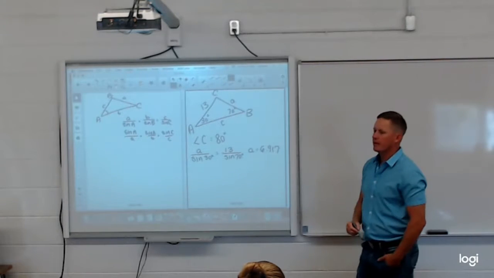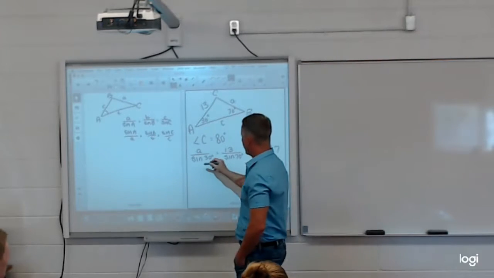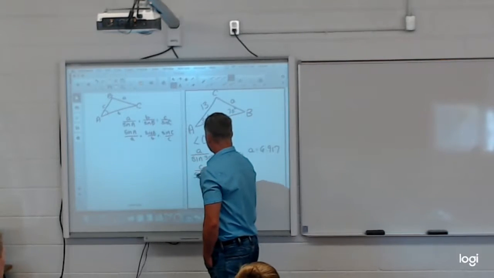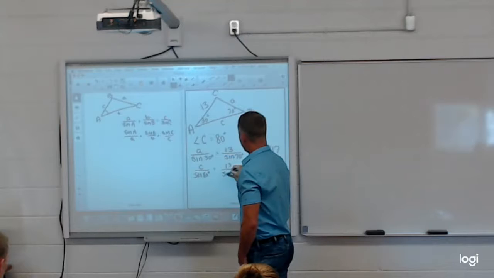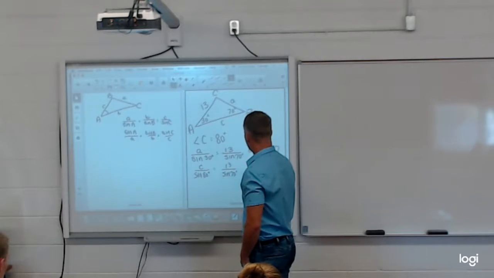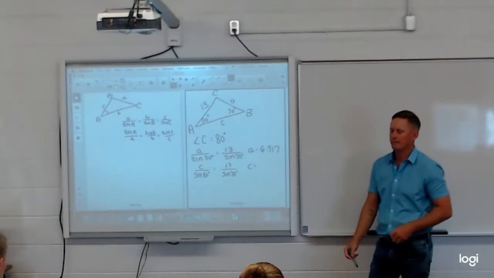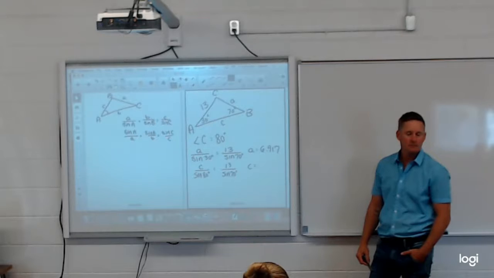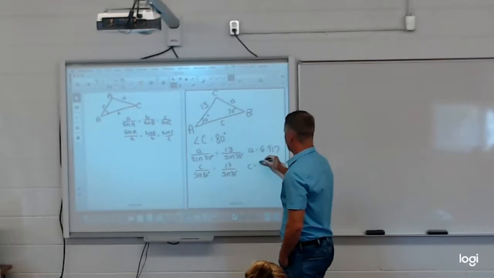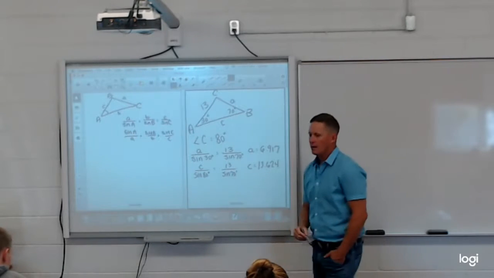So now I've got the measure of A. Now I want the measure of C. So I go C over sine 80 is equal to 13 over sine 70. C is equal to 13.64.